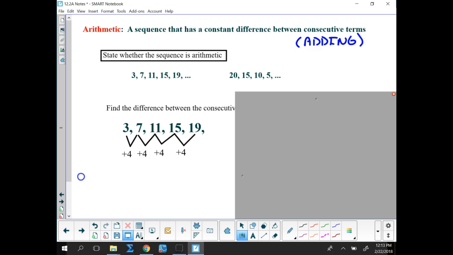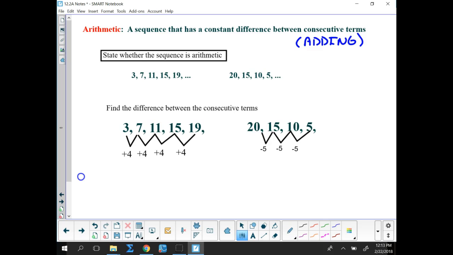So subtracting is really just adding the negative? Yeah, exactly. So that one is also arithmetic. Because it's not so much you're always adding something, it's just that that gap is the same size every single time. So both of those are arithmetic.